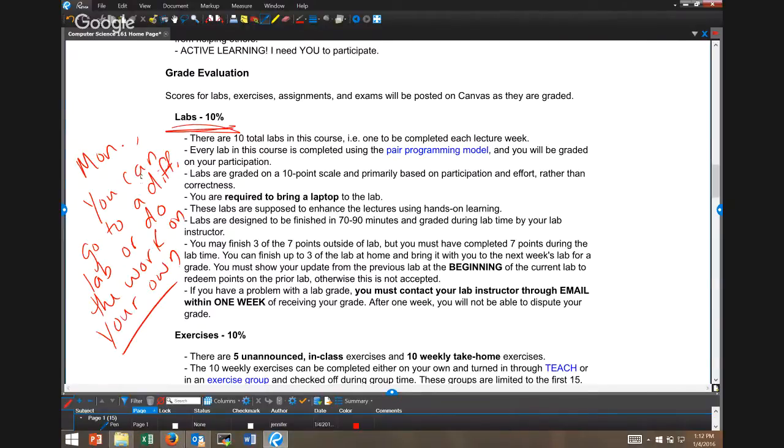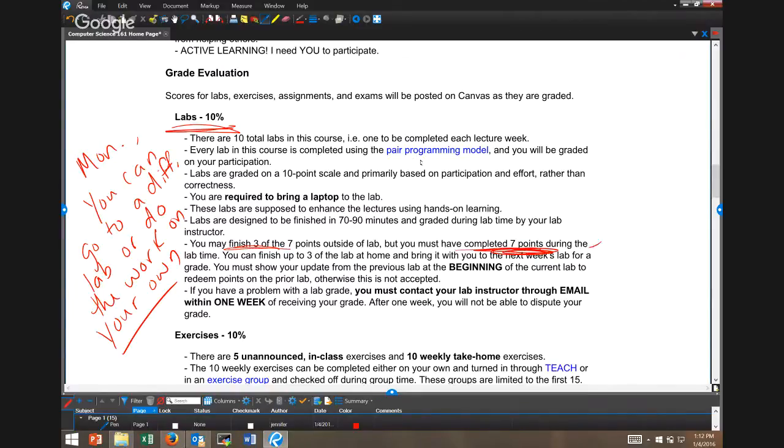Okay. From here on out, in order to make up work on your own, you can finish 3 of the 7 points outside the lab, but you must have completed 7 points during that lab time. And so that's a little bit of a change from in the past from my syllabus.